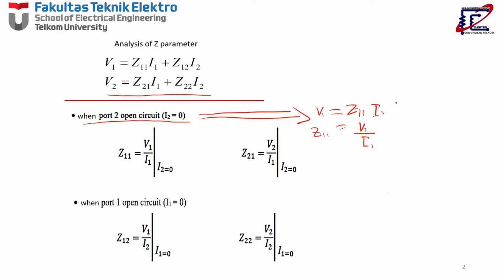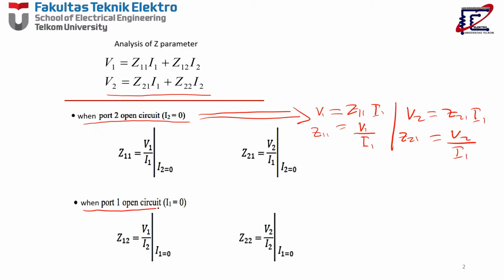Then V2 equals Z21 multiplied by I1, so Z21 equals V2 over I1.